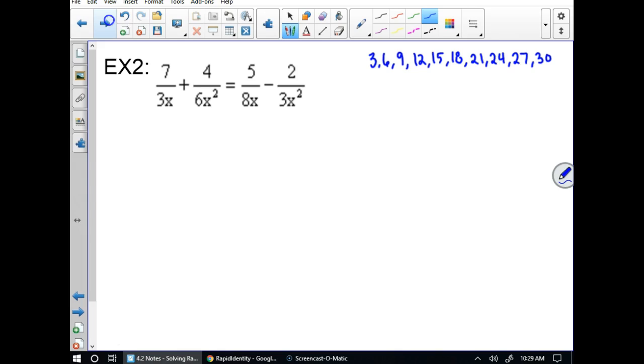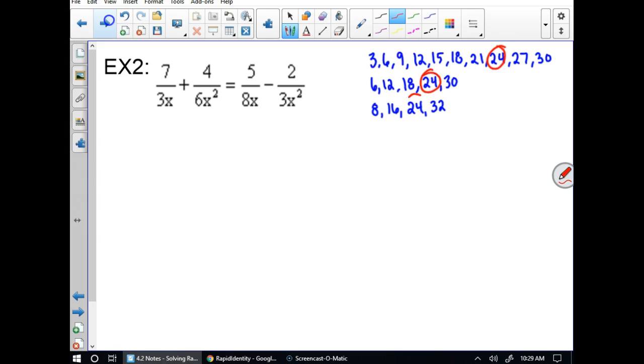For 6, you would do 6, 12, 18, 24, 30, and we already got to the highest we had there, so maybe that'll work. For 8, we'd have 8, 16, 24, 32, and so on. So what you're looking for is the first number that is a multiple of all three of them, right? What's the first number that's a multiple of all three?